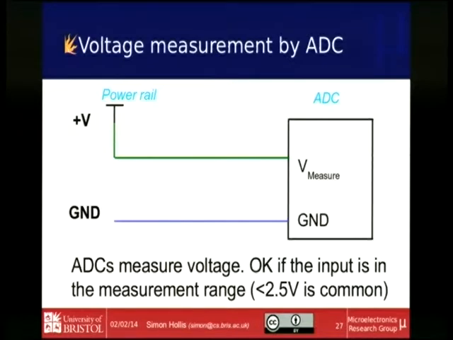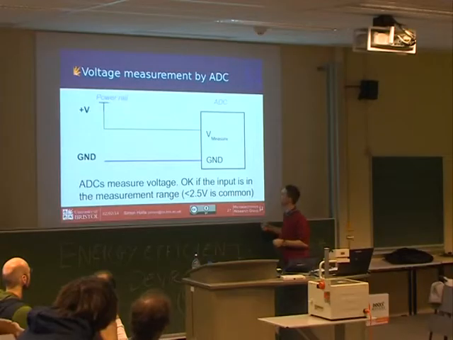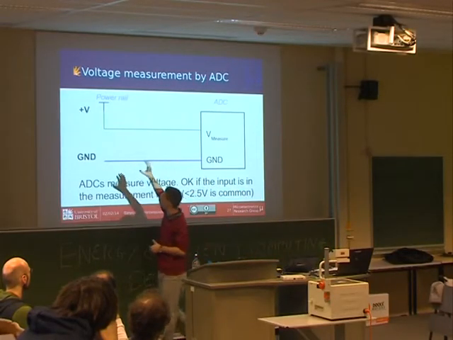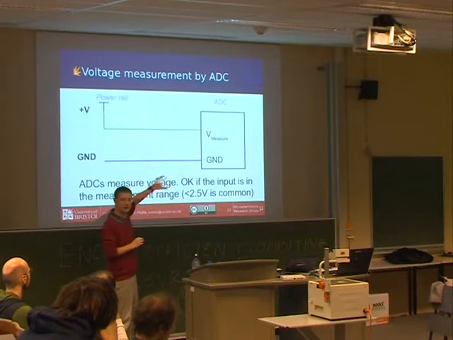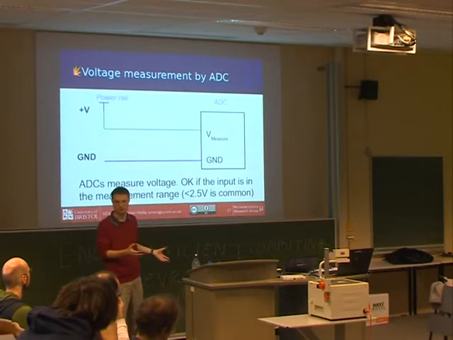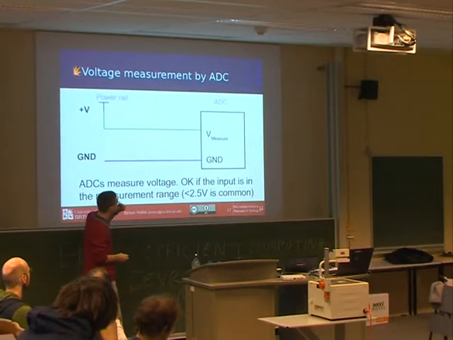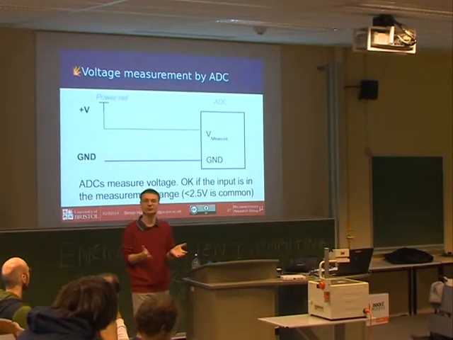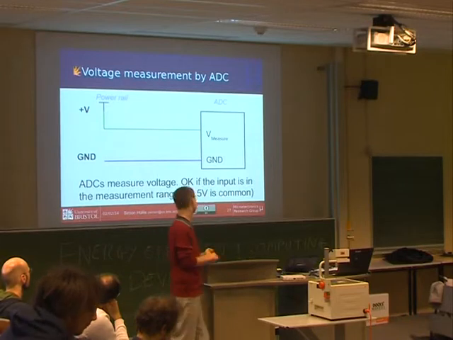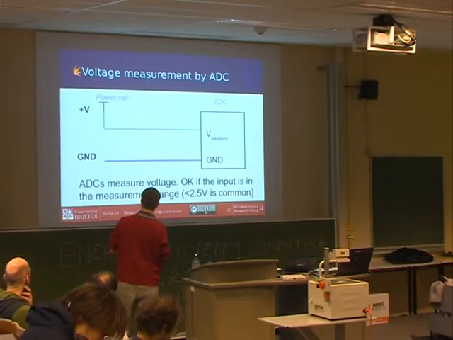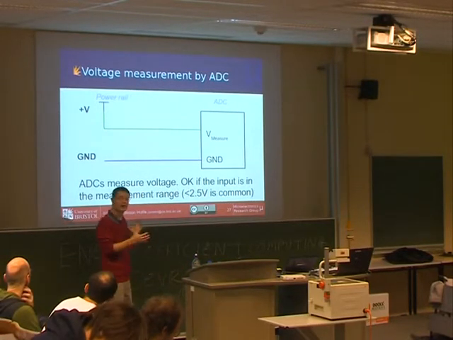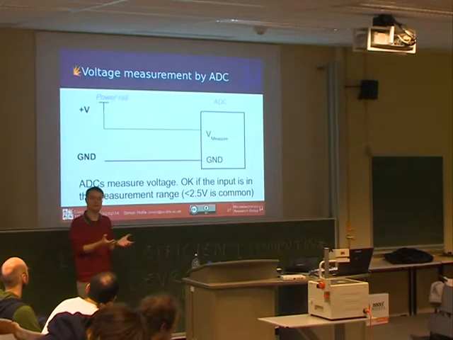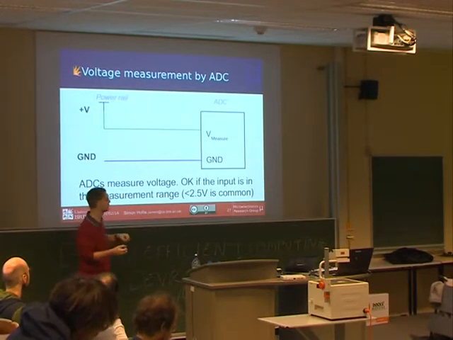Atmel, any vendor you can think of produces this, FPGAs as well, everything. You apply a voltage to an input on the ADC, give it a reference from ground, 0 volts, and it measures that voltage for you. It gives you out a digital value, with some resolution. 12 bits is quite common. And there you have your number. You have now measured voltage, you've got a digital representation, and you can store it in a file.